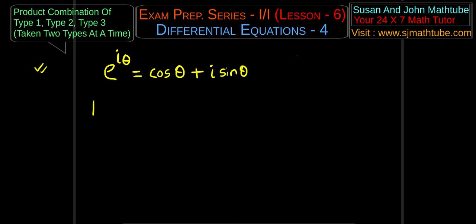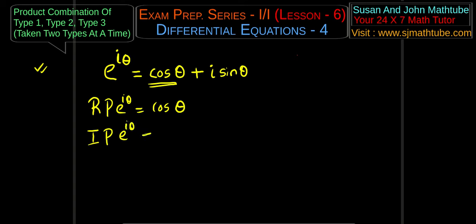That means real part of e to the power i theta is, what is the real part of this complex number? The part without i. And the imaginary part of e to the power i theta is equal to sin theta. Imaginary part means the quantity which is along with i.